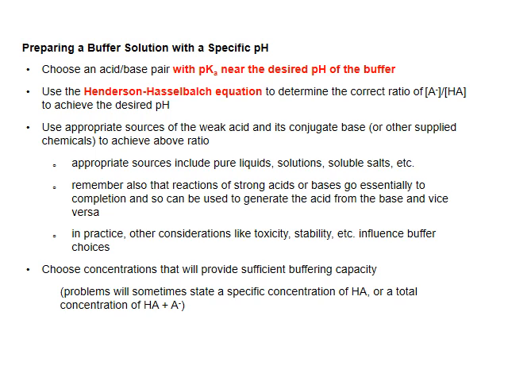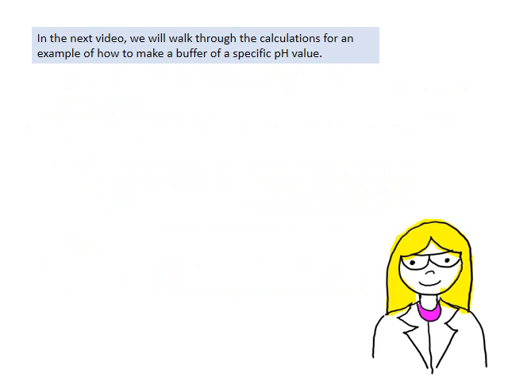Problems will sometimes state a specific concentration of either component or a total concentration of the two components together to indicate the required buffer capacity. In the next video, we'll walk through the calculations on examples of how to prepare a buffer of a specific pH value.